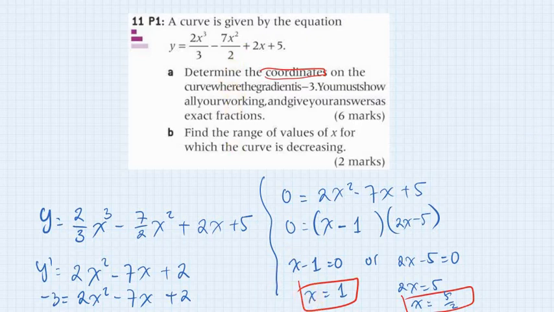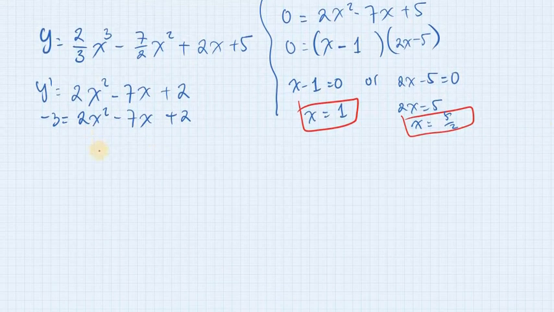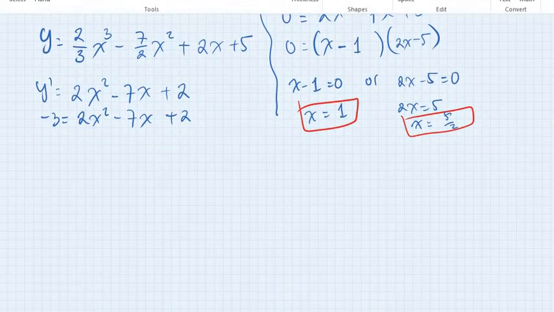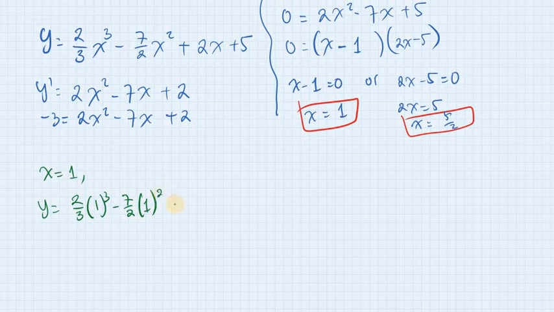So for that we just need to find the y. If the x is 1, we just need to input that into our equation. When the x is equal to 1, y equals, just input 1 as the x, 2/3 times 1 to the power of 3 minus 7/2 times 1 to the power of 2 plus 2 times 1 plus 5.